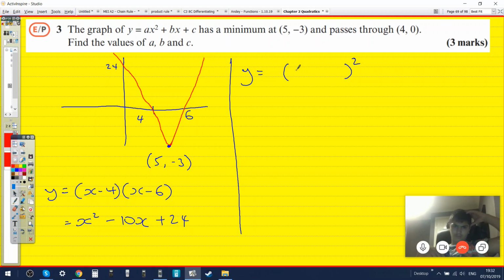You might not remember, it's basically the bracket has to be equal to 0. And so it would be x minus 5 so that you get a 5. We need to get that to be minus 3. And if we were to expand this, what would we get? So we'd get plus 25. I'll come back to it.